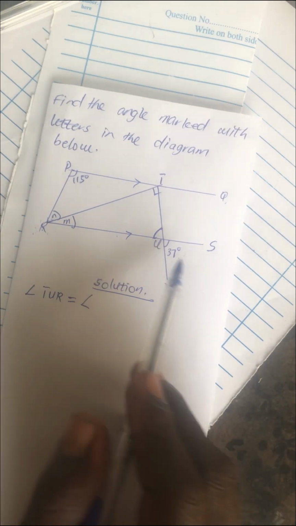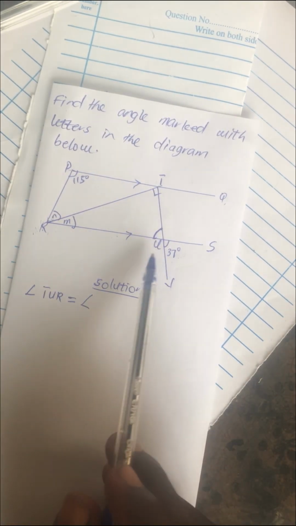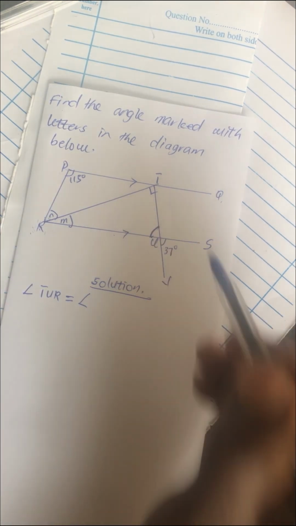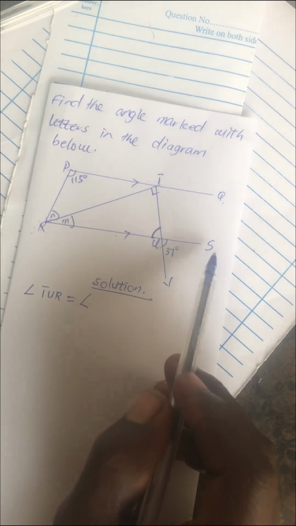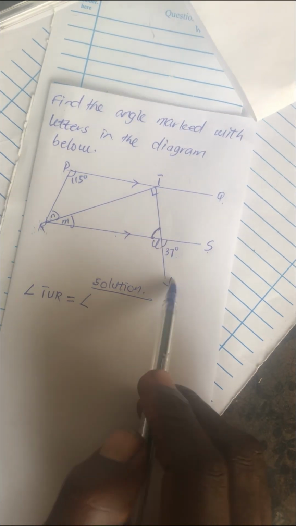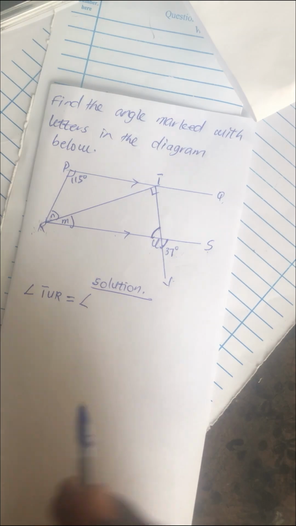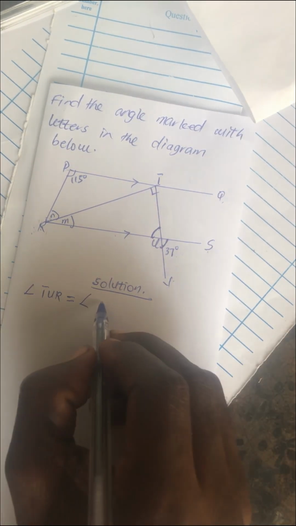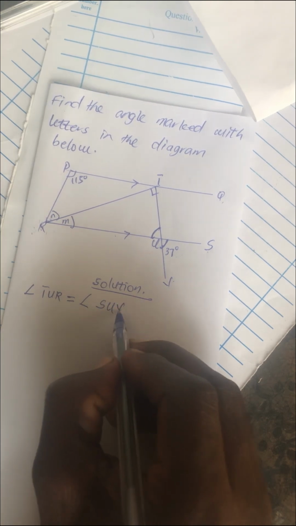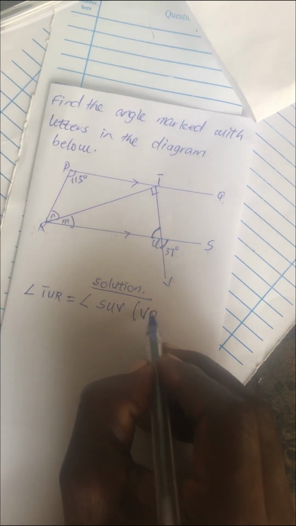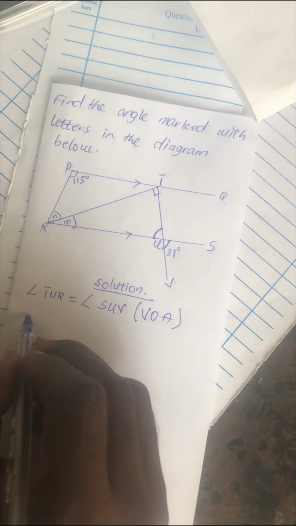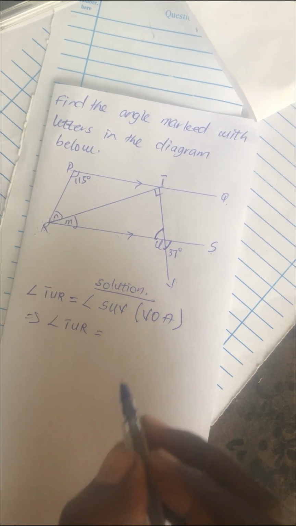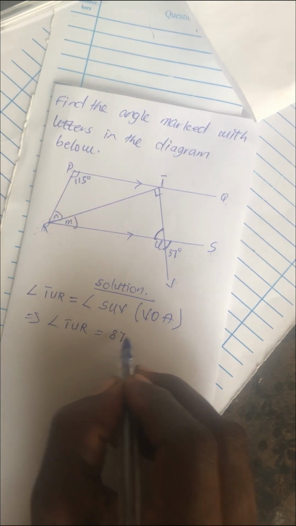So we can say that angle TUR, which is the angle created here, is vertically opposite to angle SUV, the angle created here. So angle TUR equals angle SUV. The reason: vertically opposite angles. This implies that angle TUR is equal to 37 degrees.